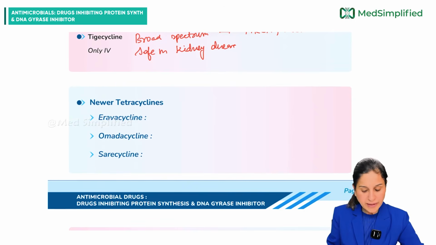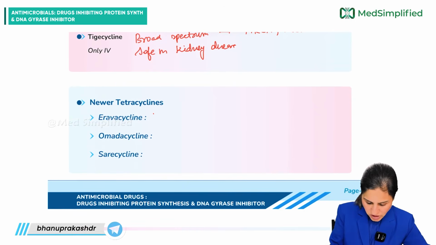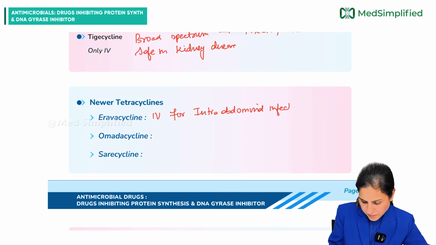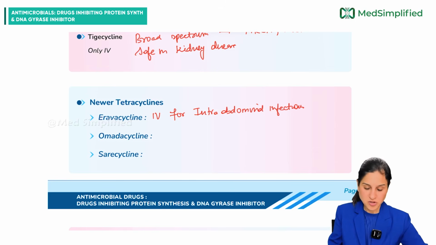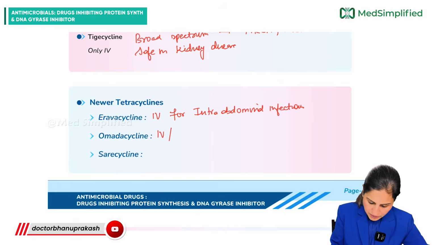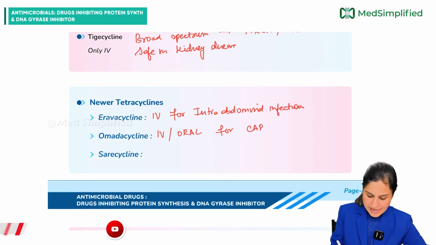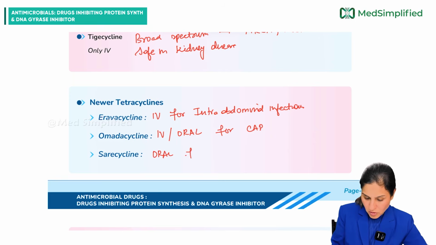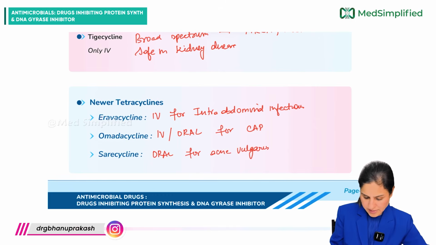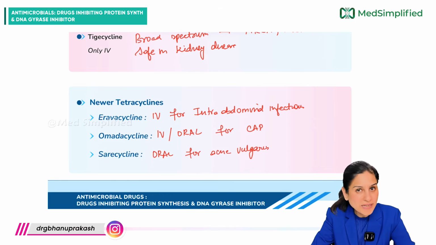Then we have some newer tetracyclines like eravacycline, which can be given IV for intra-abdominal infections. Omadacycline can be given IV or oral for community acquired pneumonia. Then we have sarecycline, given orally for acne vulgaris. So these are some of the newer tetracyclines.